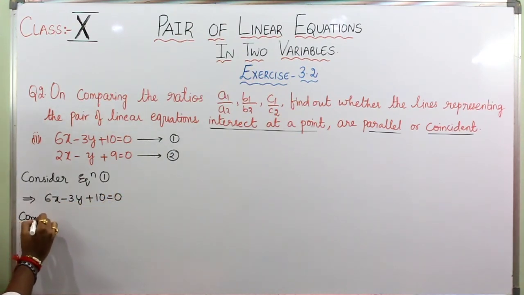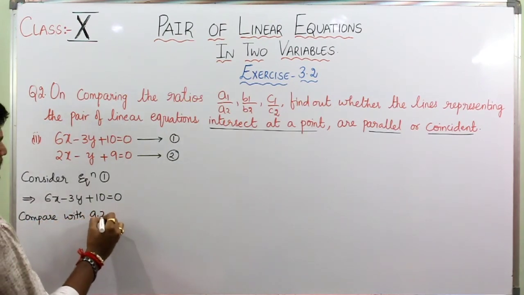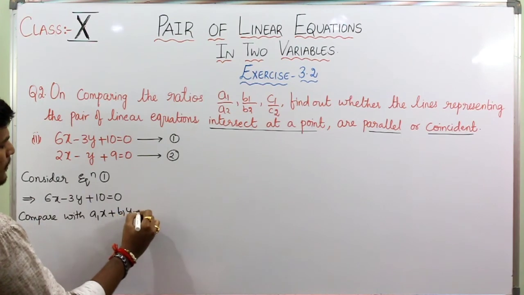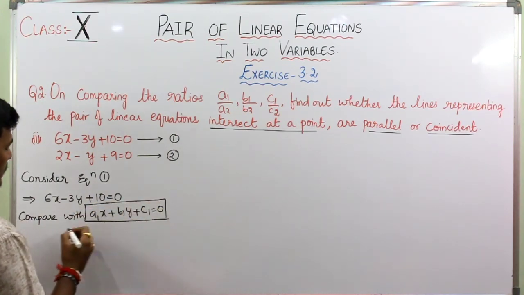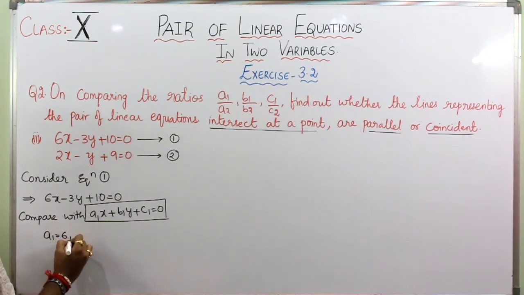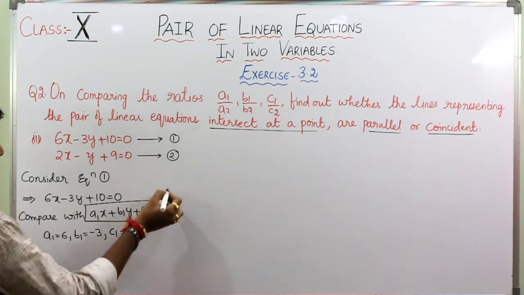Compare this equation with a1x plus b1y plus c1 is equal to 0. When you compare, a1 is equal to 6, b1 is equal to minus 3 and c1 is equal to 10.